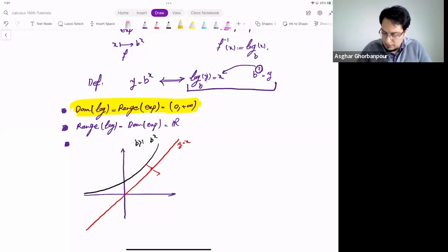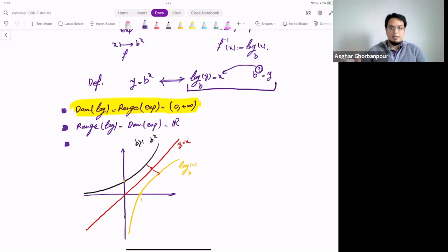So that will give me something like this. Try to be precise. So it passes at 1. This is log of x base b. And as x goes closer to 0, the log gets to very big negative numbers.